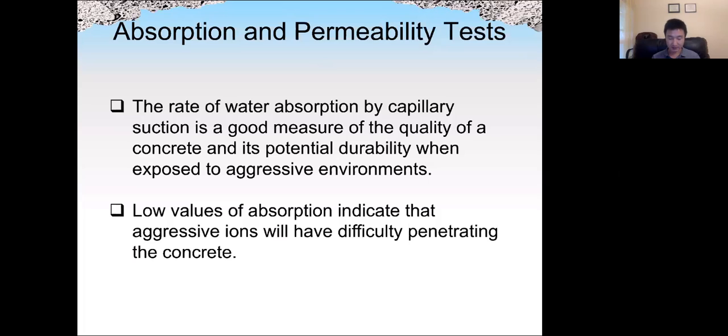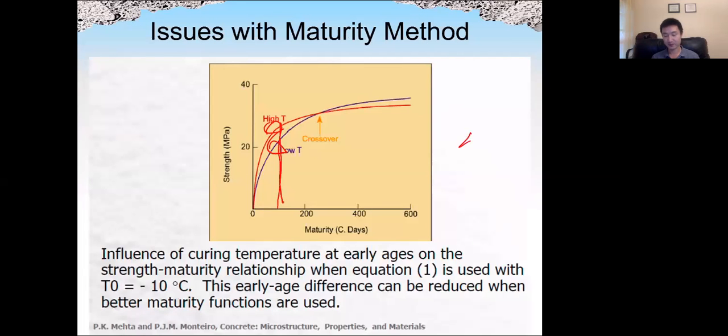But the maturity method also has its limitations. For example, here two concretes have the same maturity, which does not necessarily mean they have the same strength, as we can clearly see from here. Same maturity, but the strengths are different.